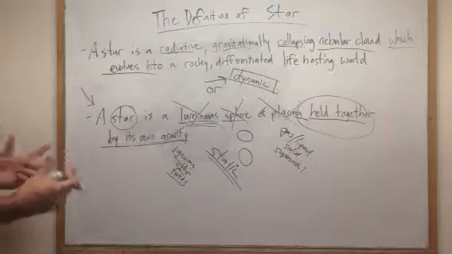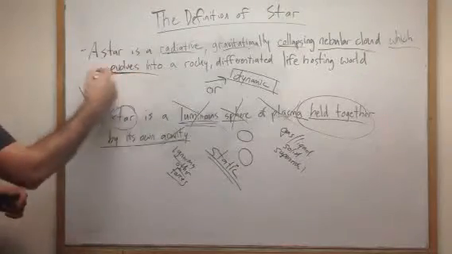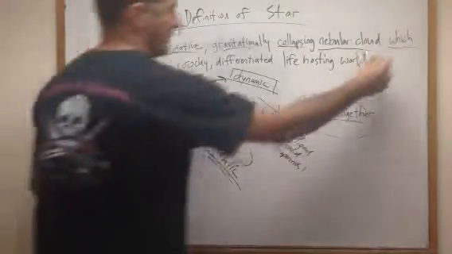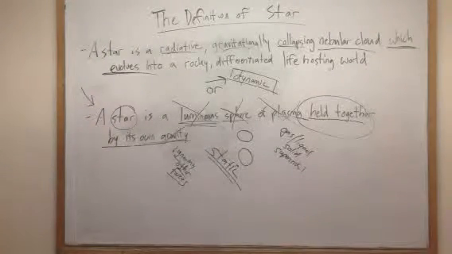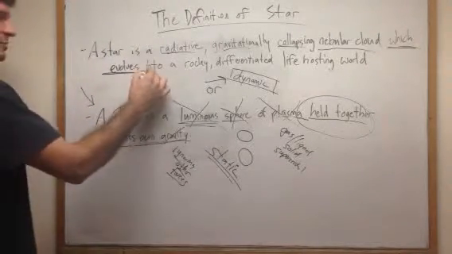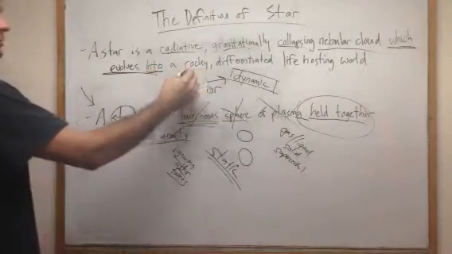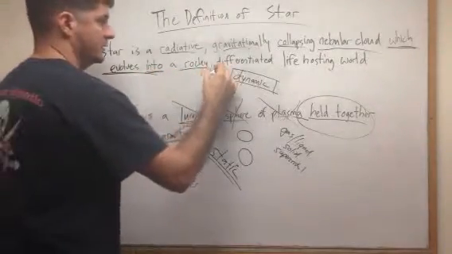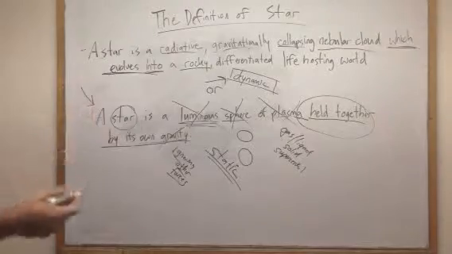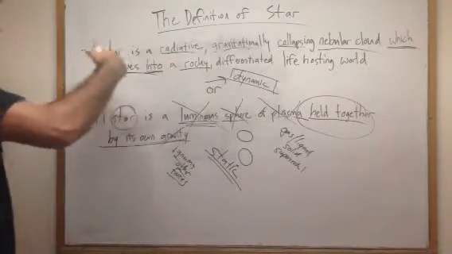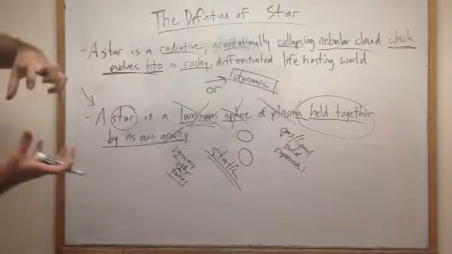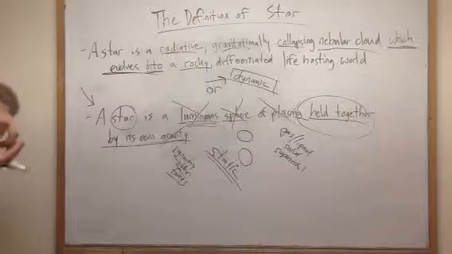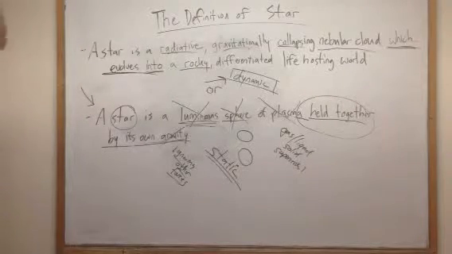You have incredible amounts of evolutionary processes happening inside of a star, and you need to include that in the definition. And eventually it goes into a rocky, which means you automatically connect the star to planet formation itself, meaning that's an automatic clumping together of the two concepts, no nonsense.